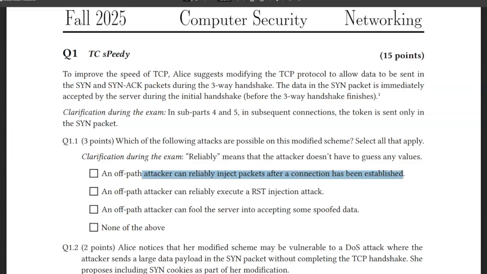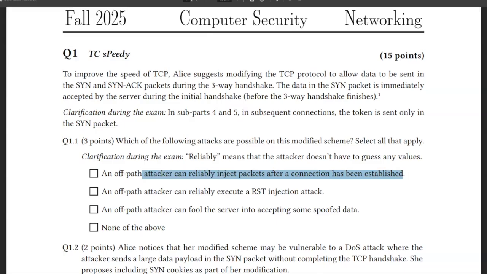So the attacker cannot reliably inject, since the data being there in the SYN doesn't change anything about the handshake itself. I don't know if that makes sense, but just because you send some data, you're not inherently changing the way the handshake is done, right? So after the handshake is established, you didn't learn anything because you sent more data in the SYN. You still cannot reliably inject because you still need to guess the sequence numbers from both sides.